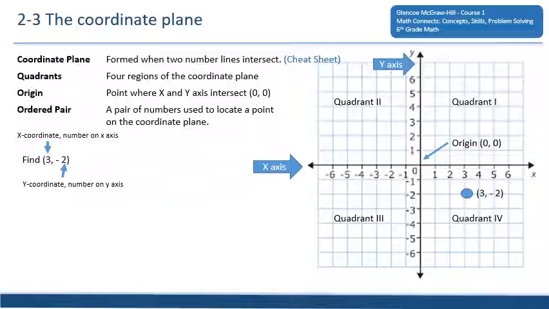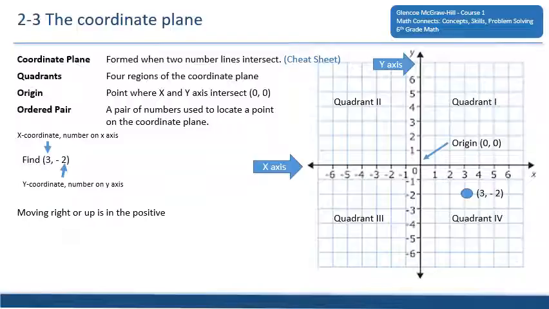So notice that we have 3 and -2 in quadrant 4. We counted 3 to the right on the x-axis because it's a positive number, and positive x-coordinates are to the right of 0. And then we went down 2 along the y-axis because negative numbers on the y-axis are below 0.